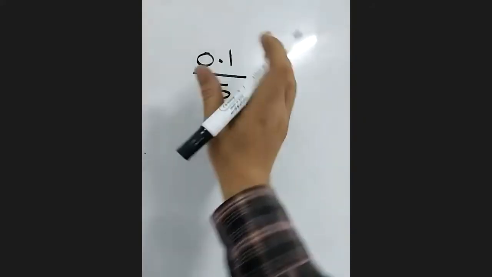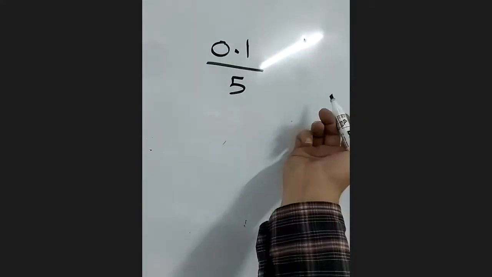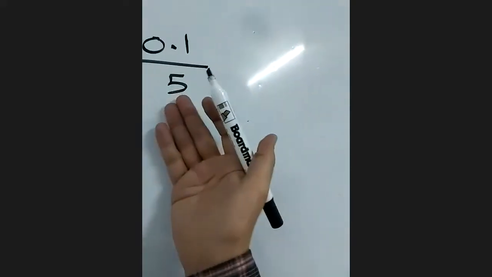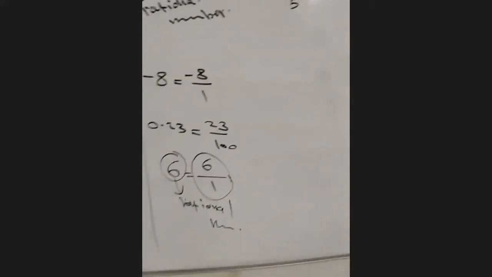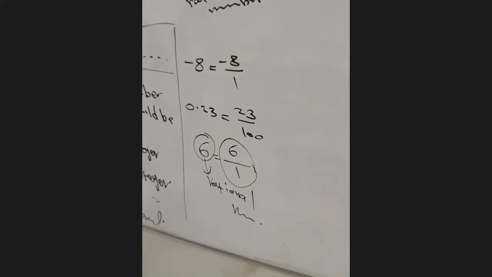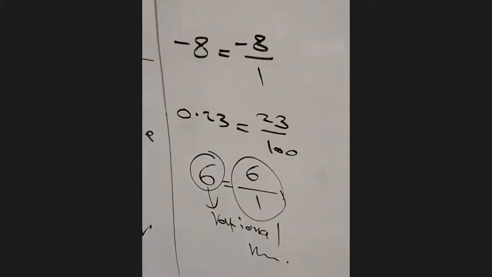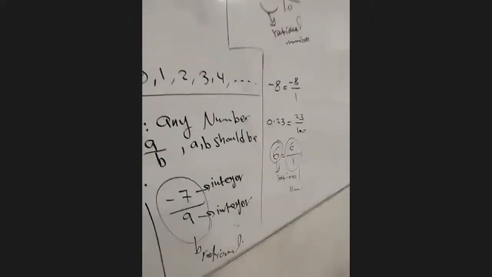But at this form, 0.1 is not in the integer group. So this one is not rational by this definition, okay? So a rational number is easy. It's a fraction, but with two conditions. Up and down should be integers, and down cannot be 0, only.